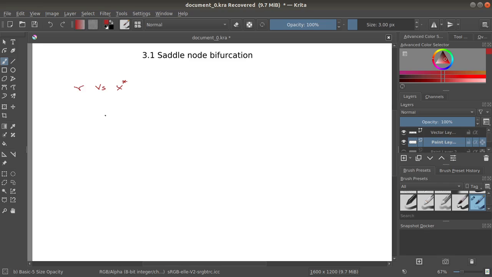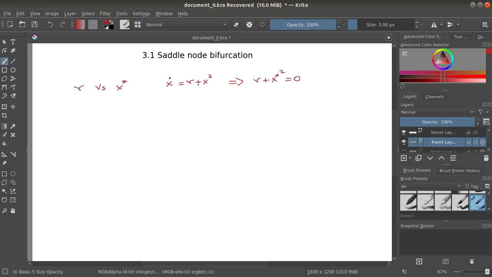Okay, so once again I will write the system dynamics, which is x dot is equal to r plus x square. Okay, and the relation between r and x star, where x star is the fixed point, is r plus x star square equal to 0, right?